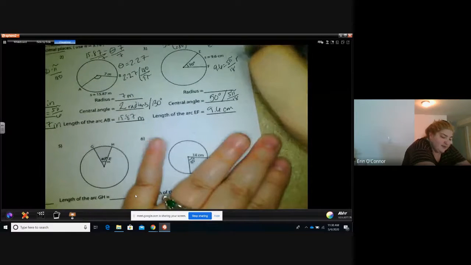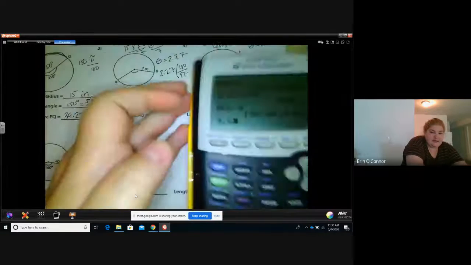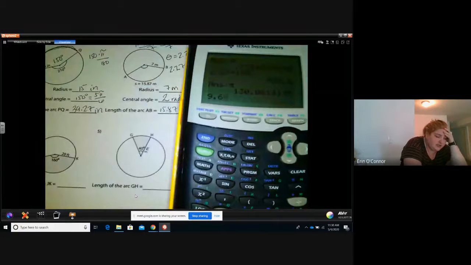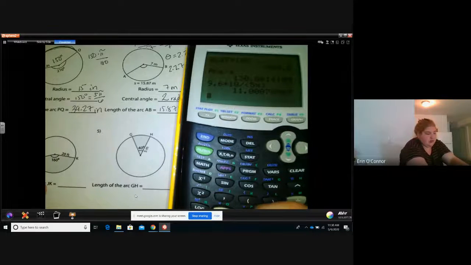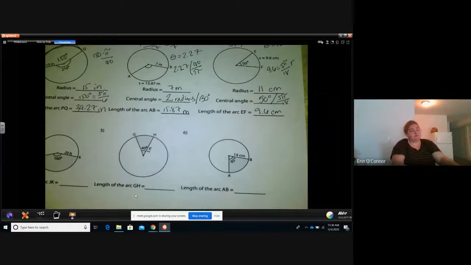So we're going to multiply both sides by the reciprocal. So we get 9.6 times 18 divided by 5 pi. And remember, because I didn't do this last time, you need to put that in parentheses. And you get 11 roughly. So 11 centimeters.